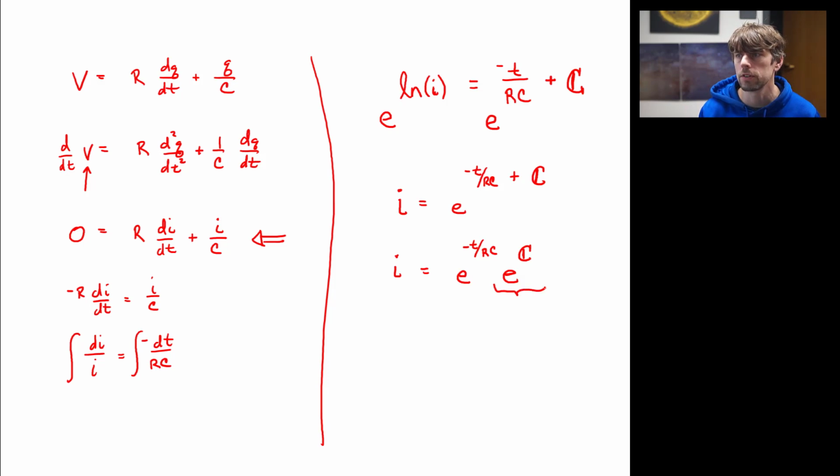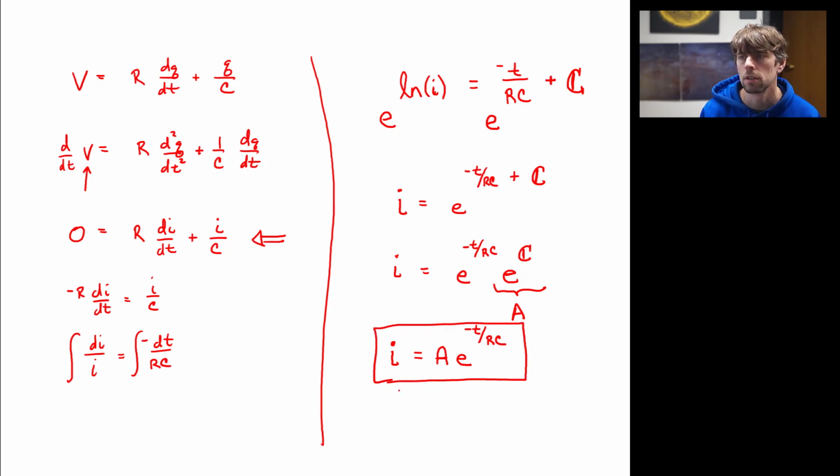I'm just going to call this entire term A. And so what we have here is that the current as a function of time is simply some amplitude, A, e to the negative t over RC. And there is our solution, well, almost. There's almost our solution for the circuit.